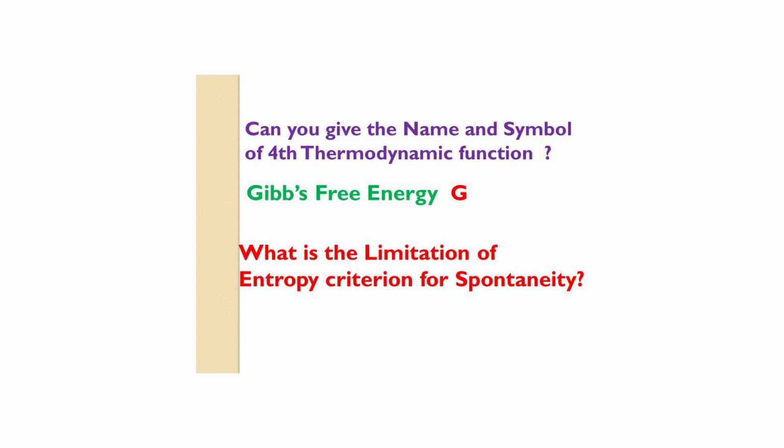Can you give the first four thermodynamic functions? The first thermodynamic function is delta U, internal energy. The second is delta H, change in enthalpy. The third is delta S, the change in entropy.